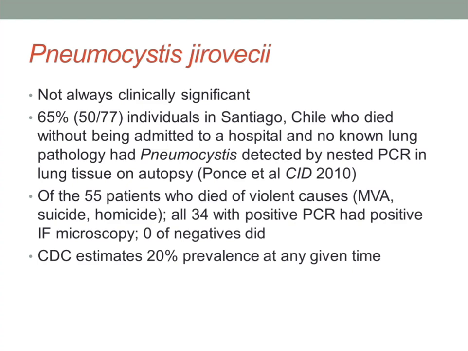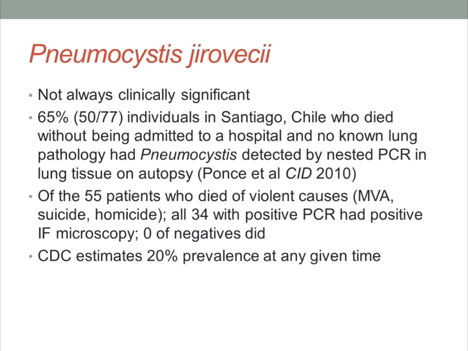But the organism itself is not always clinically significant. The CDC estimates about 1 out of 5 people at any given time have the organism in their lungs. One of my favorite studies characterizing this was published in CID in 2010, where they looked at patients in Chile who had died in motor vehicle accidents, suicides, homicides, things unrelated to pneumonia or any lung pathology.